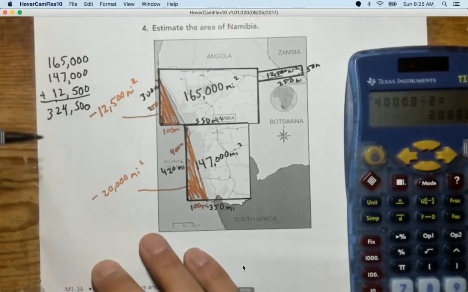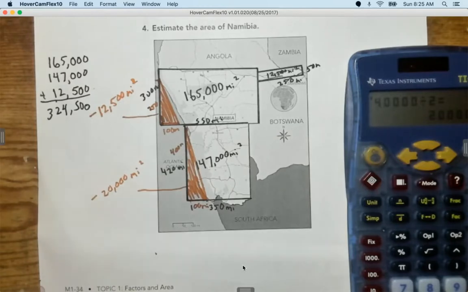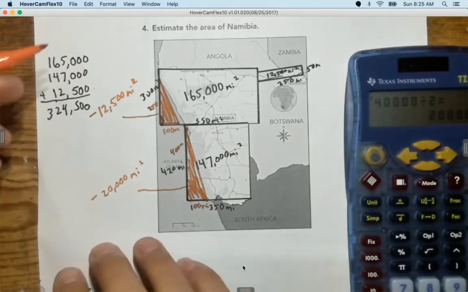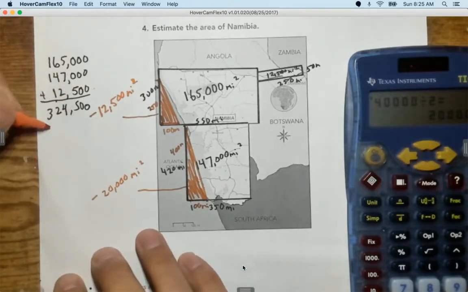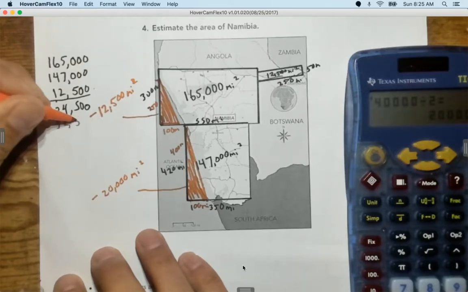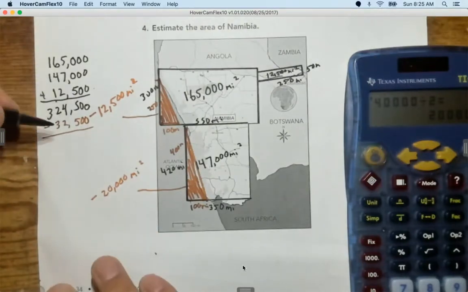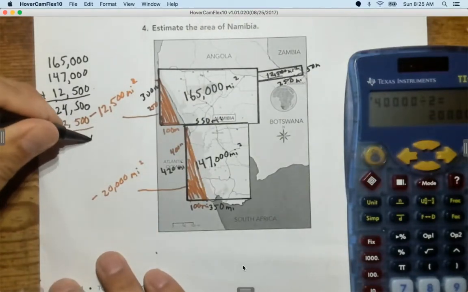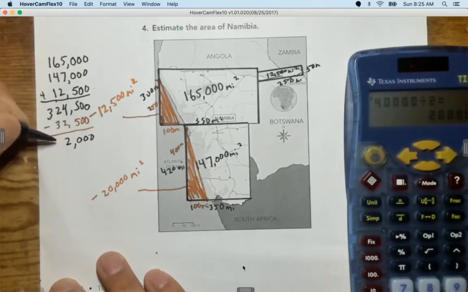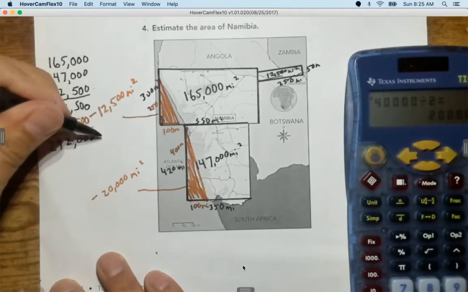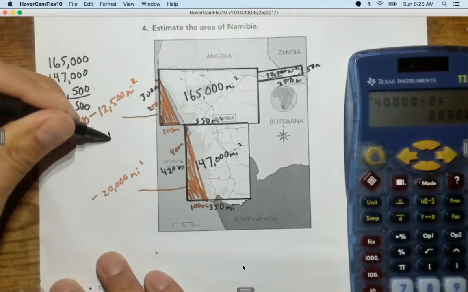And then I would have to subtract the ones that I took out, the orange ones. And that would be, and I added them together, so that would be 32,500. And that leaves me with an estimated area for Namibia of 292,000 miles squared.